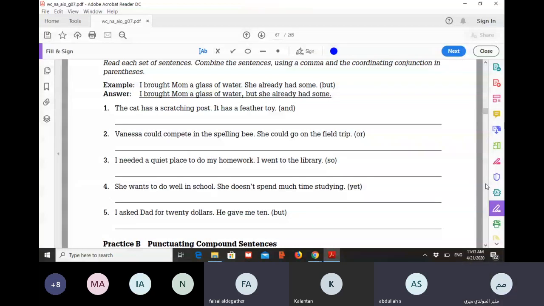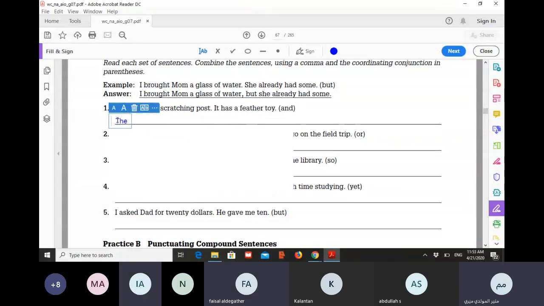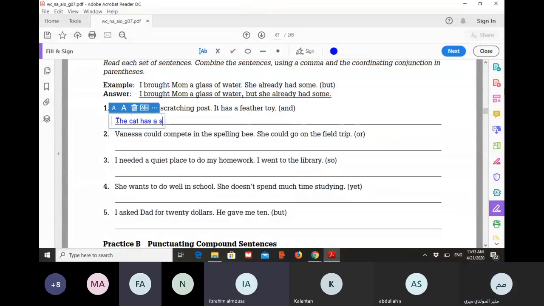The cat has a scratching post, and it has a feather toy. So here we have the cat has a scratching post. Then what are we supposed to do now?